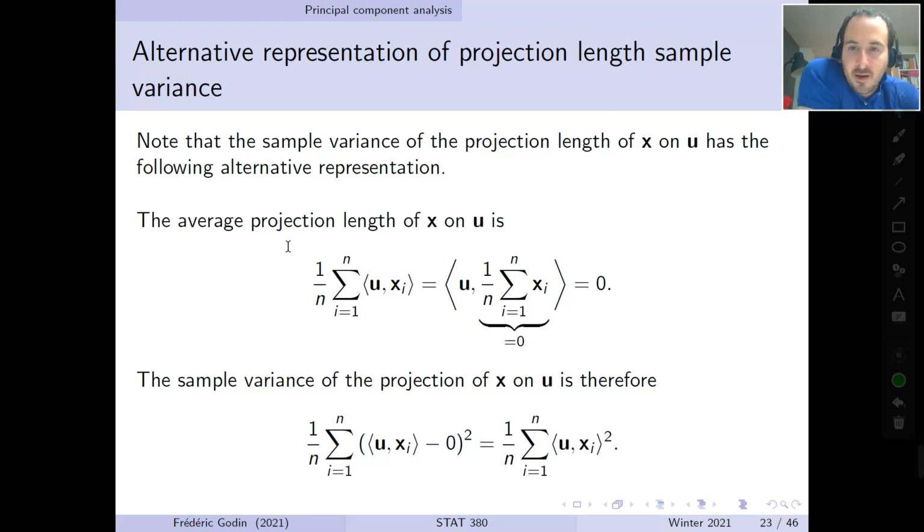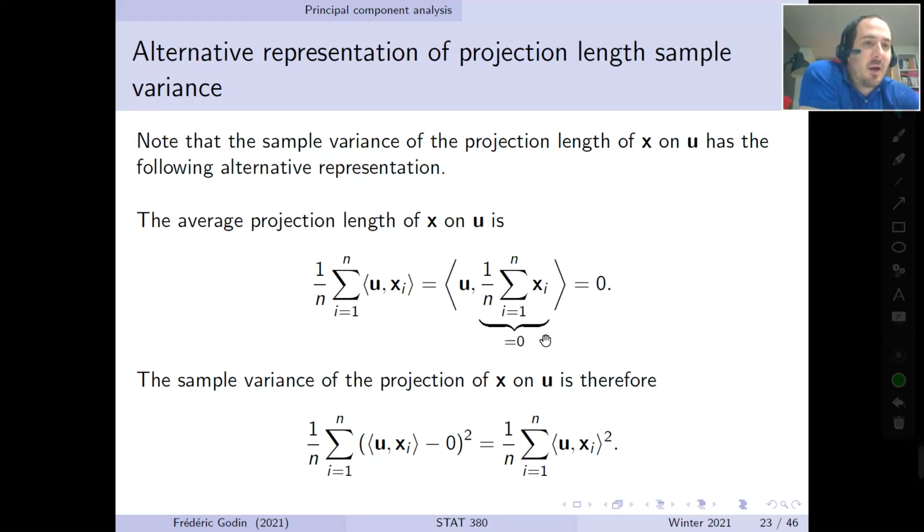Okay, so recall that the average projection length of x on u is equal to 1 over n times the sum of the projection length of each xi on u, and if you want the average projection length, this is simply averaging this. Because scalar products are linear, you can move the 1 over n and the summation inside.